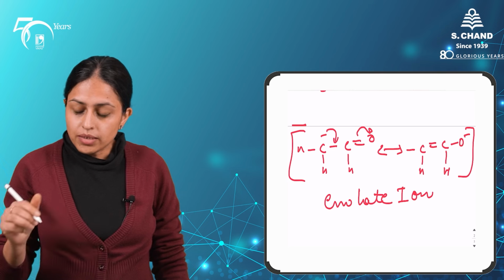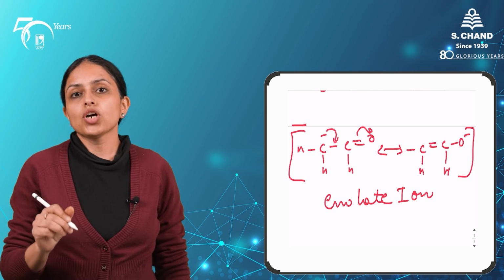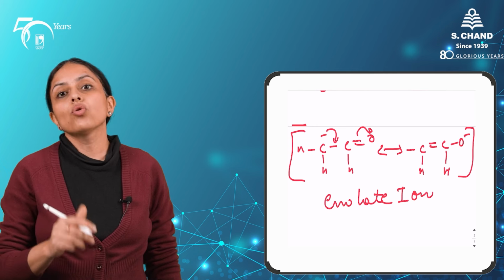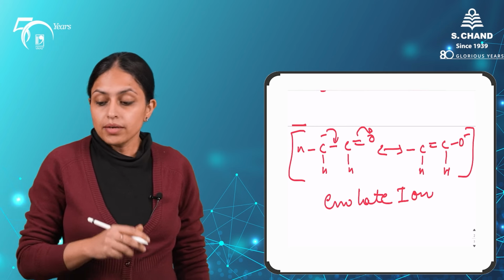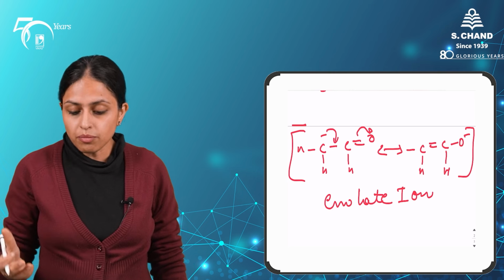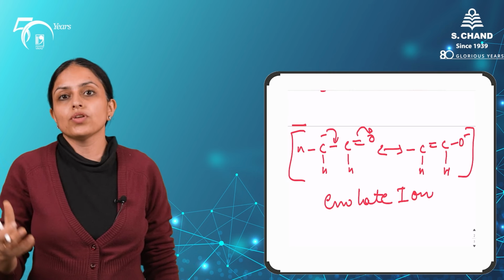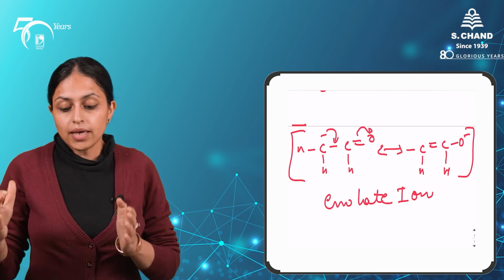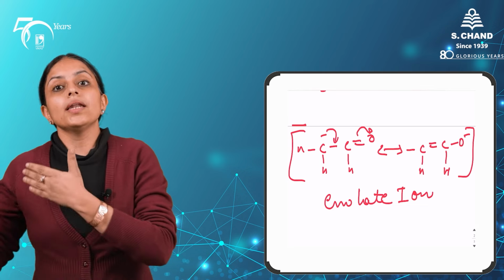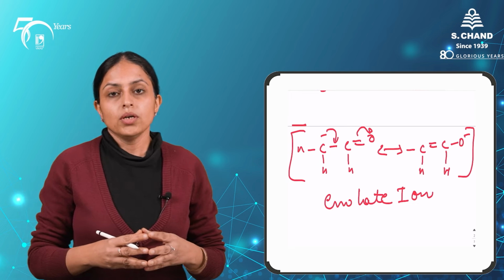And since there is a negative charge on the carbon, now this carbon is nucleophilic, and it is this nucleophilicity of this carbon atom and it being stabilized due to the presence of the carbonyl group, this can be used as a reagent to attack another carbonyl compound.